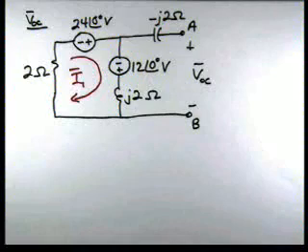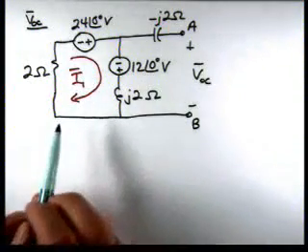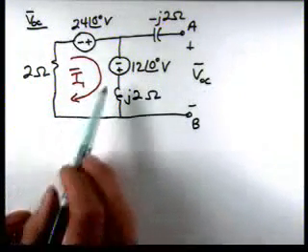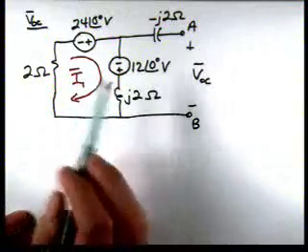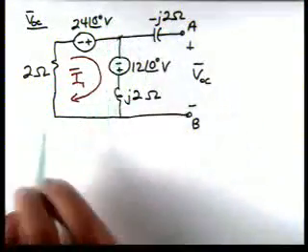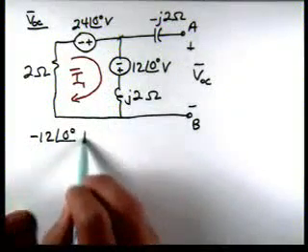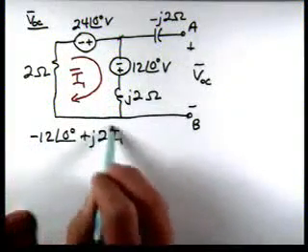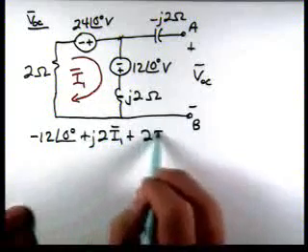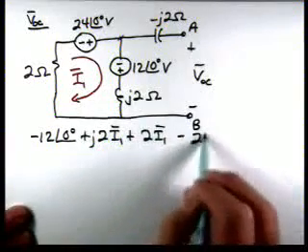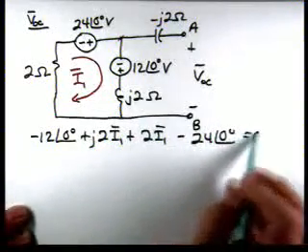If we apply KVL to this circuit, starting here and going around clockwise, we'll have minus 12 at an angle of 0 plus J2 times I1 plus 2 times I1 minus 24 at an angle of 0.